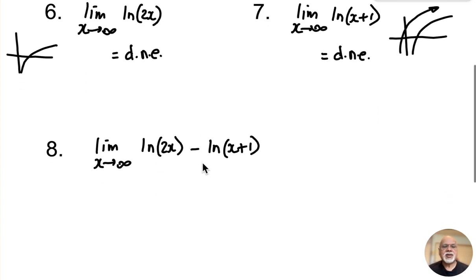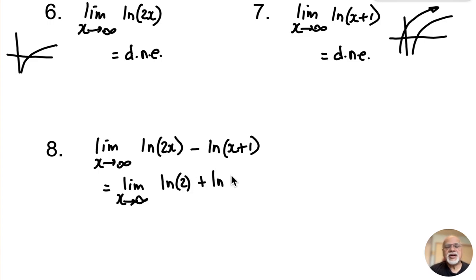Now let's take a look at combining these two functions. So while both of those limits did not exist, look at what happens here. Using the laws of log laws, or ln laws in this case, this becomes the ln of 2 plus the ln of x minus the ln of x plus 1.